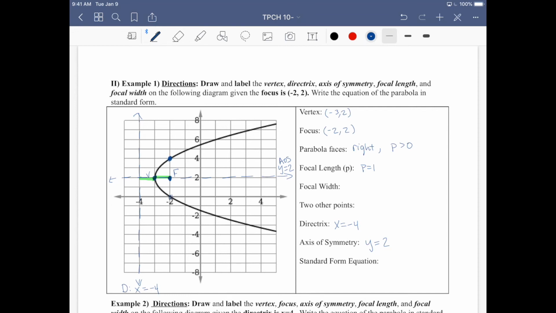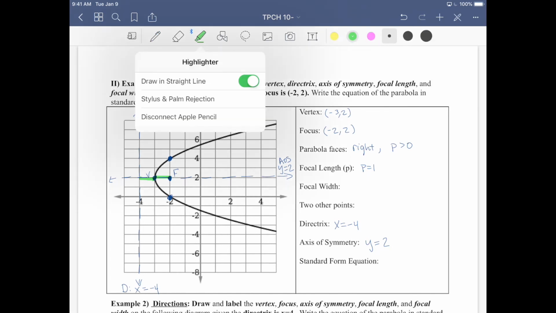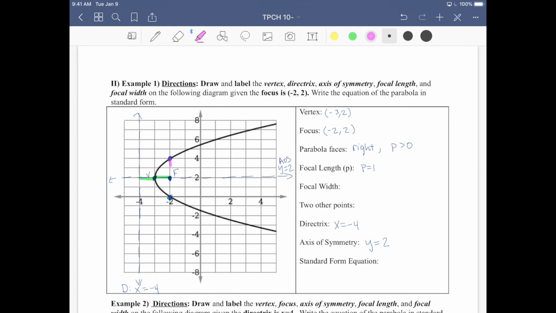Now the focal width, if I start at my focus and I move up to this point and I move down to this point, from a graphical standpoint, it will be, let's use a different color here, pink. That distance is going to be 1, 2, 3, 4. So I should have a focal width of 4. Now from using the formula, which is 4 times p, if I replace p equals 1, I in fact do get 4.